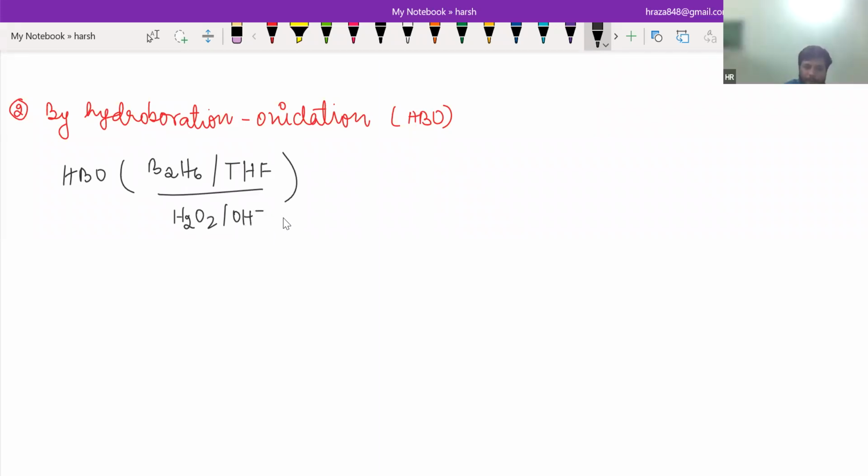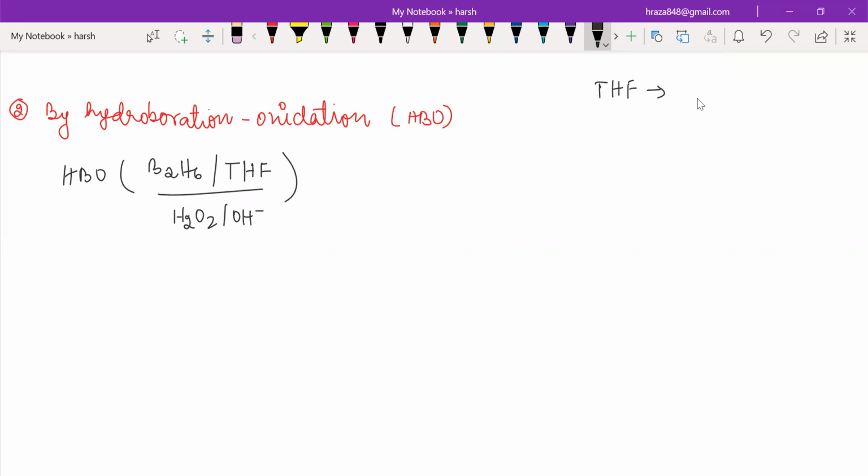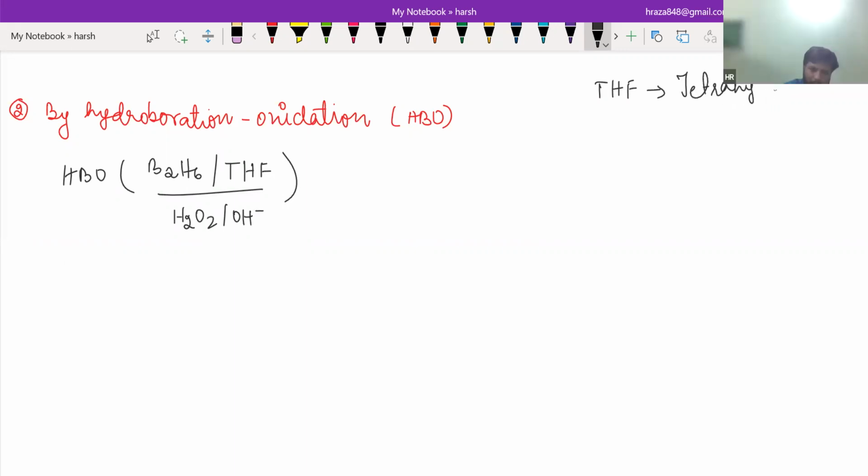Tetrahydrofuran. So THF will always be written on the arrow, and you have to remember that it means tetrahydrofuran. Whenever there is HBO, there will be anti-Markovnikov addition.